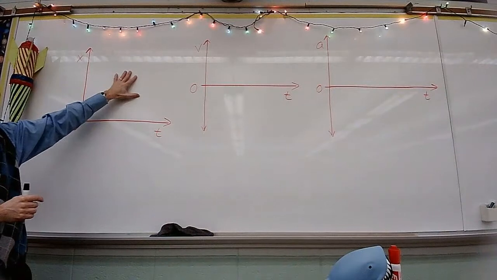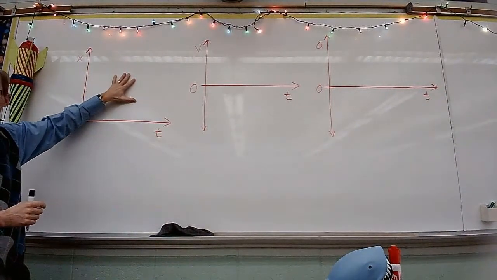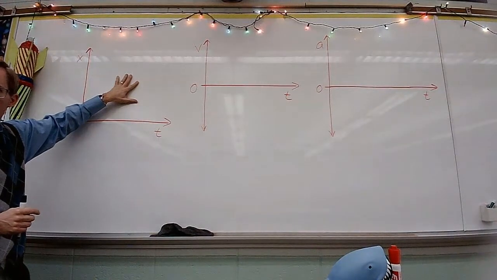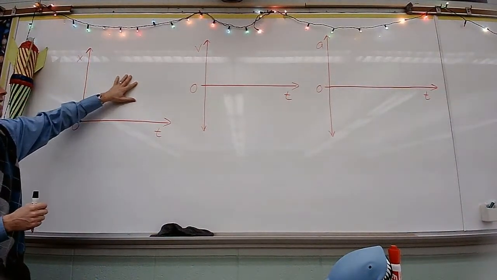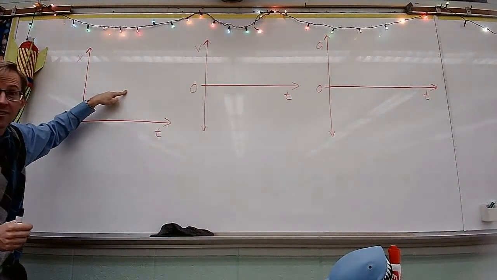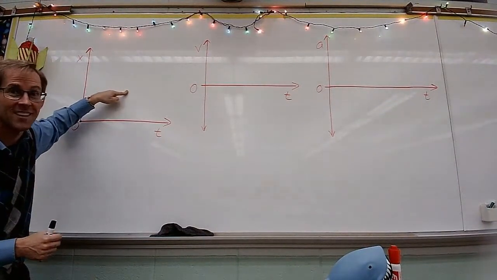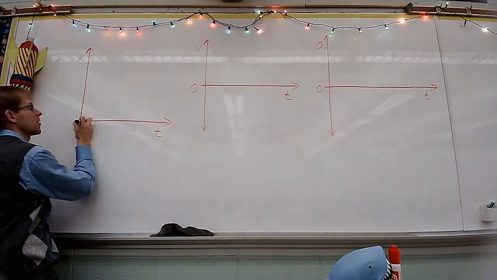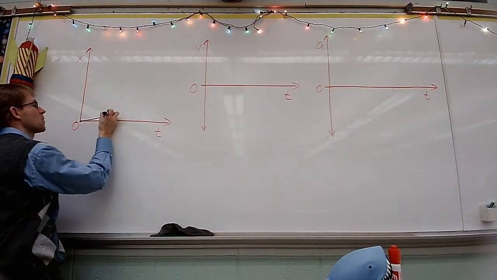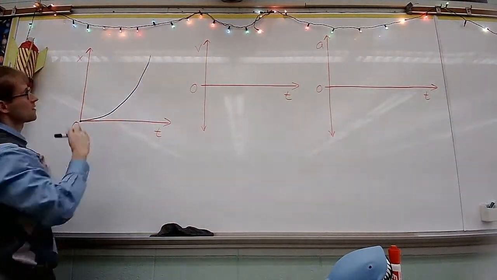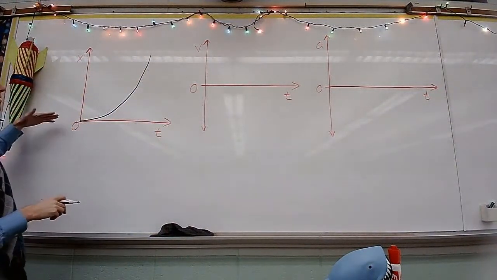Now remember that the slope on this graph represents velocity. If he's picking up speed, what's going to happen to the slope on this graph as time goes on? Yeah, it's going to change. Is it going to go up or down? Yeah. So we start with a really small slope, maybe even a slope of 0 if we started from rest. And as time goes on, that slope grows and grows and grows. So it's just a big curve.